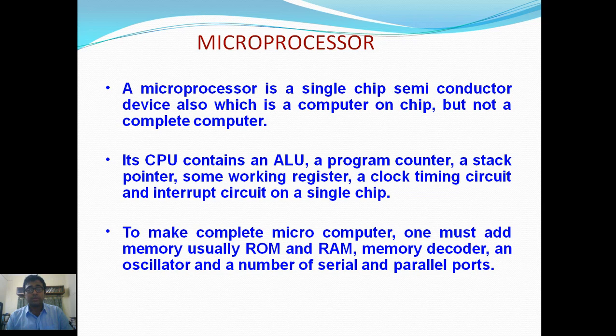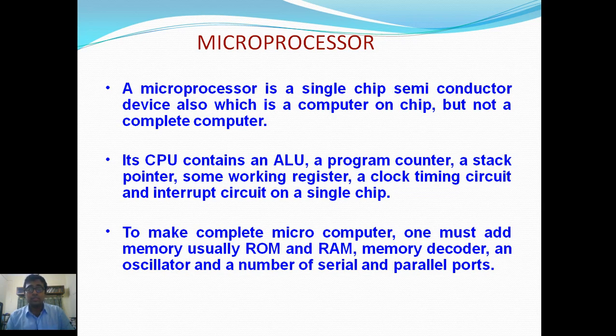We have an arithmetic logic unit to do different kinds of mathematical operations. A stack pointer, which is used to point to the next instruction. A program counter, and some working registers. A working register is basically where the data that needs to be processed is usually stored.